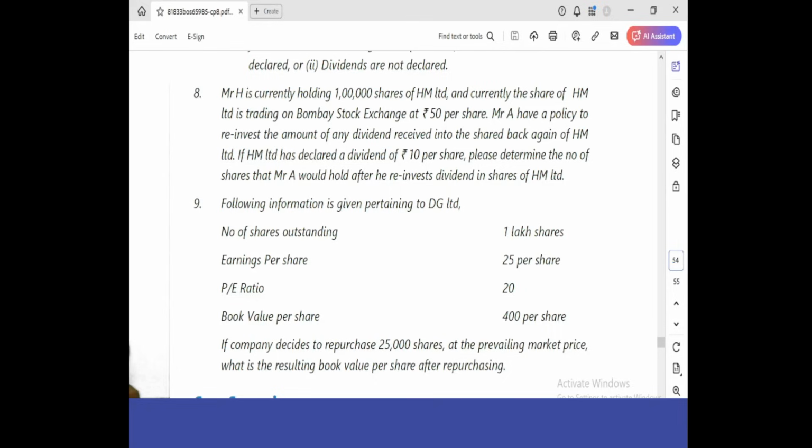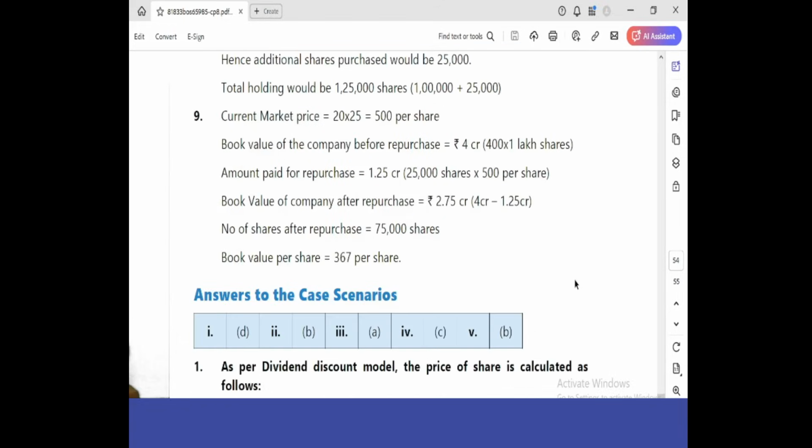So our price earnings ratio 20, that into rupees 25 per share will give you rupees 500. Write that very, very clearly in the examinations. 20 times rupees 25. Do not just write 20 into 25. It is 20 times price earnings ratio, that into rupees 25 EPS, which is equal to rupees 500 per share.